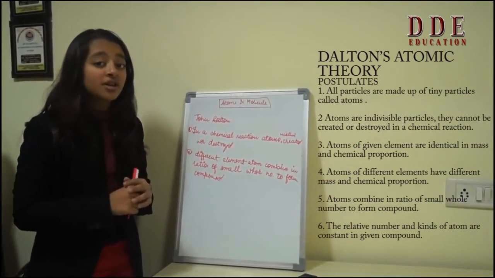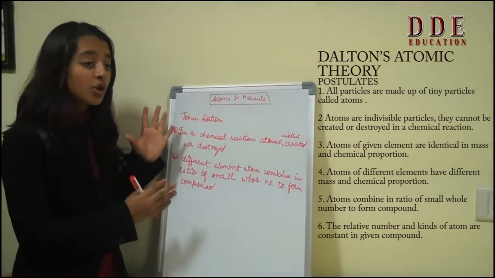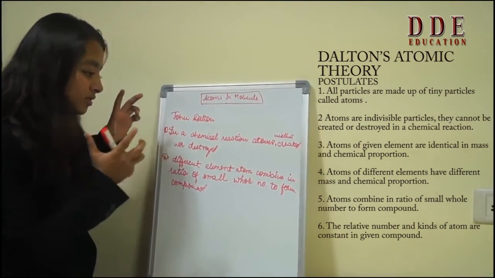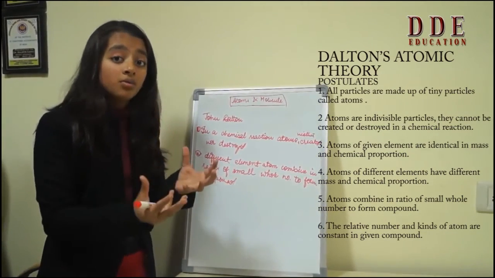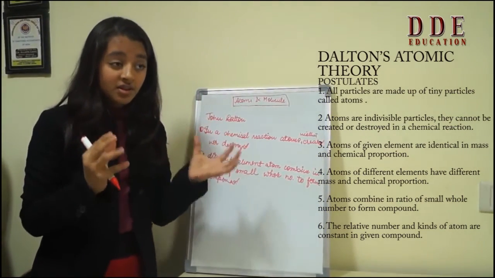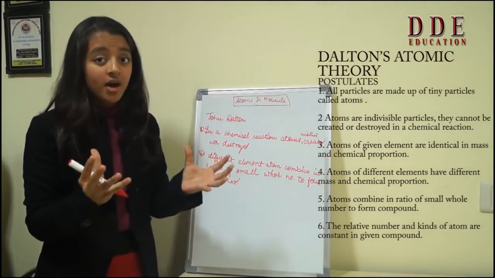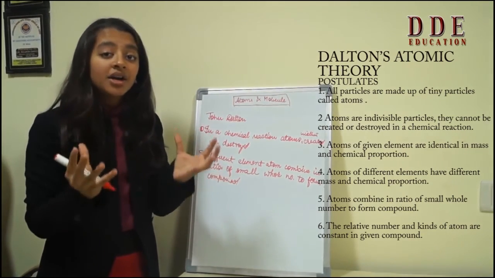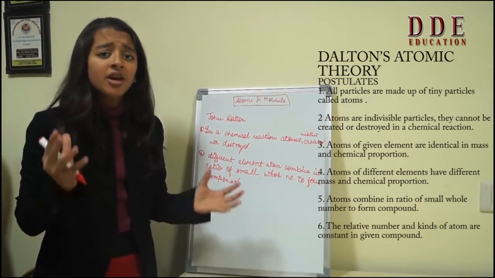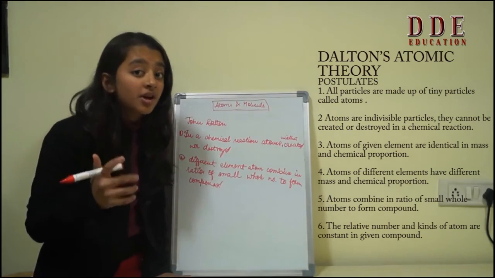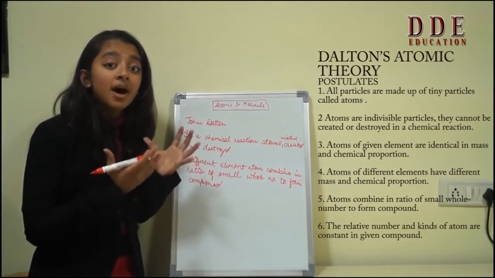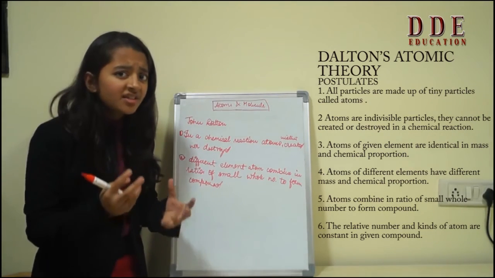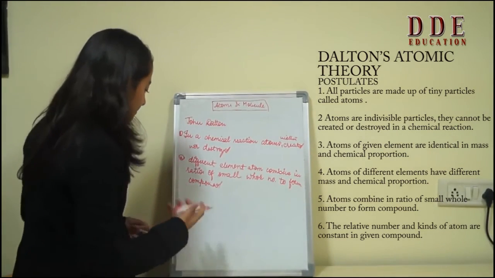The second postulate he gave for this theory was that they combine in a constant proportion, or in a compound, the ratio, the proportion they have, is equal by mass in every compound. The relative number and kind of atoms in a given compound is constant by mass. This explained the second law very nicely.